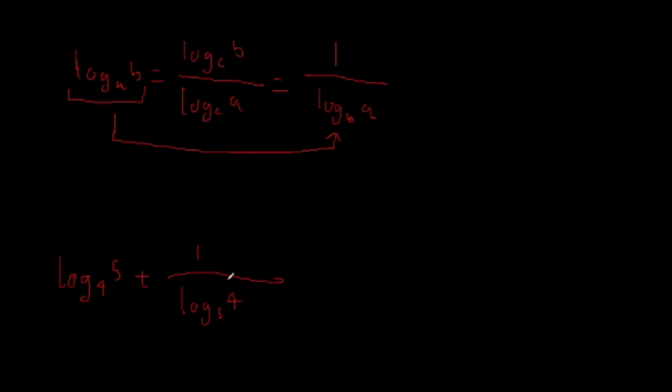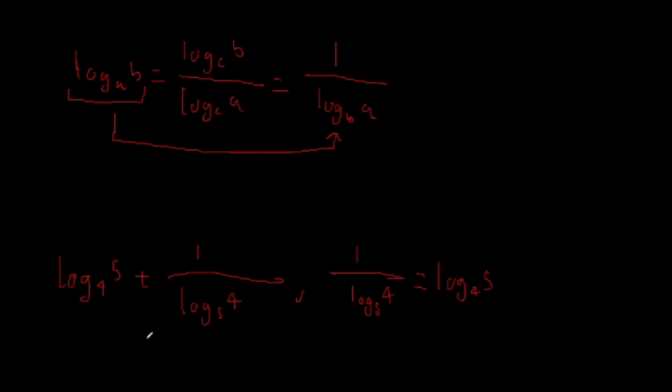But since we do know this rule, we know that when you have 1 over log base b of a, then that's equal to log base a of b. So what we can say is that the 1 over log base 5 of 4 is equal to log base a of b. So the a is 4, the b is 5, and so this will be equal to log base 4 of 5.